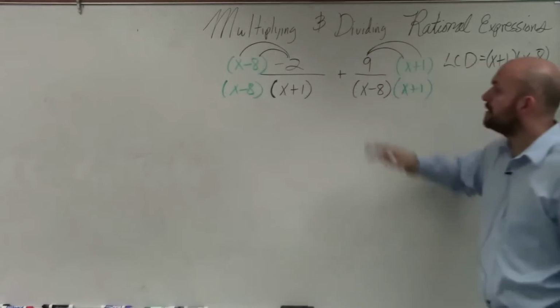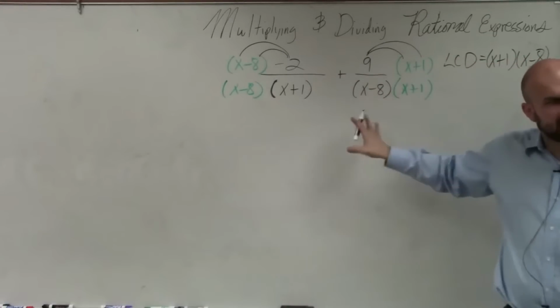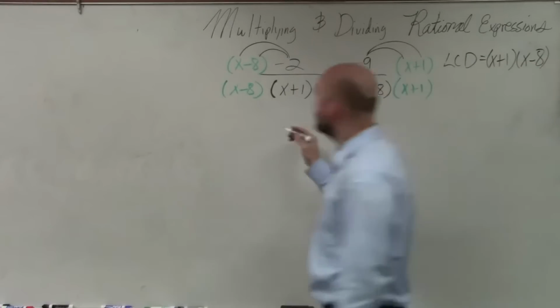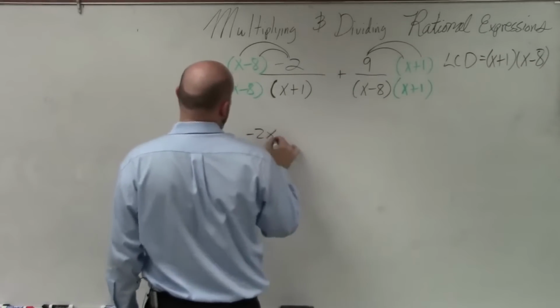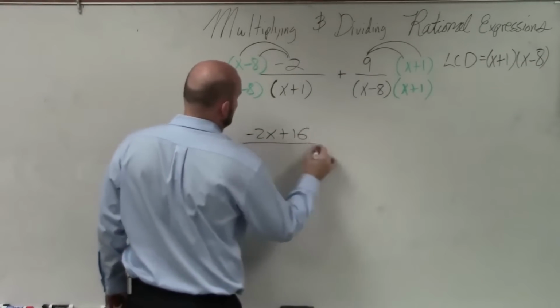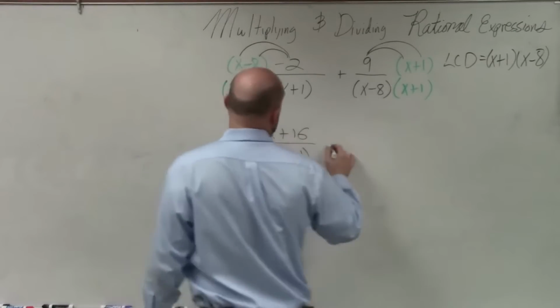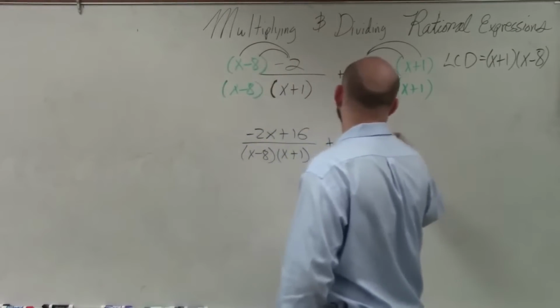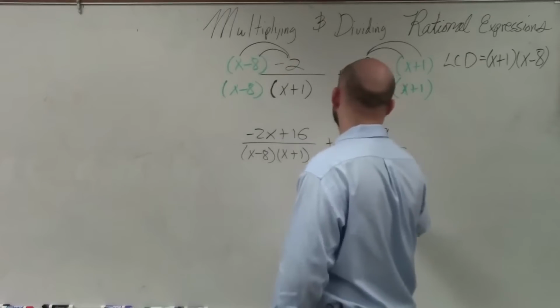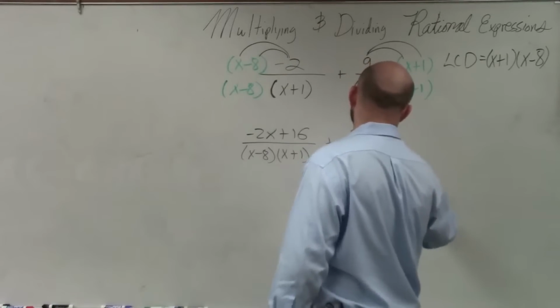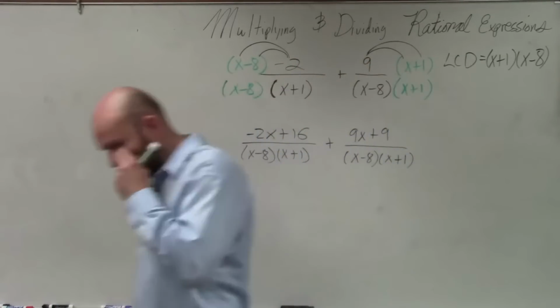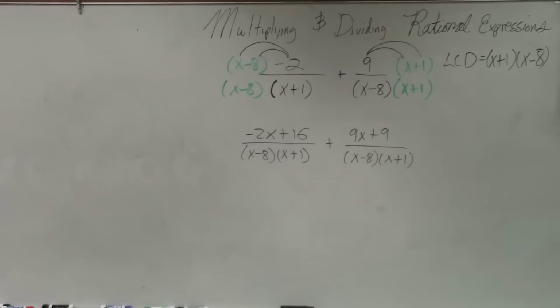OK? Now, you could multiply this out, but I'm just going to leave this as a product down below. So what I have here then is negative 2x plus positive 16 all over x minus 8 times x plus 1, plus 9x plus 9 all over x minus 8 times x plus 1. OK? So what I'd like you guys to see now is that we have two fractions with the same denominator.